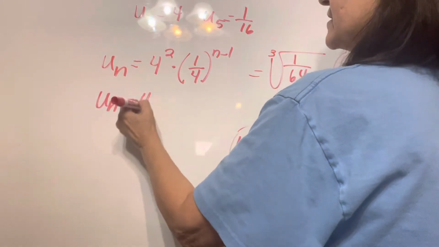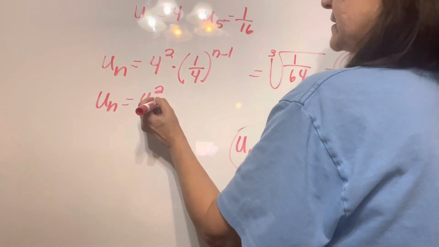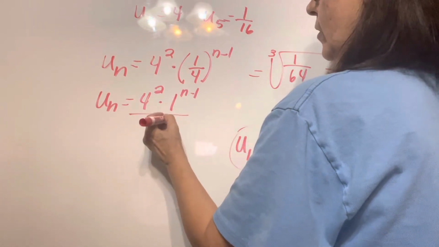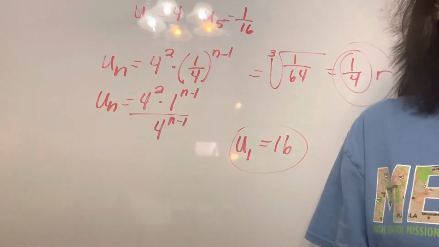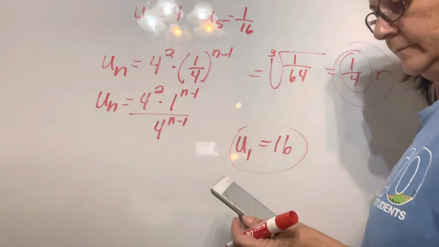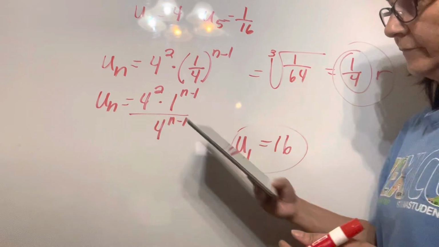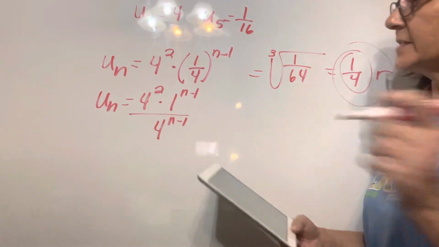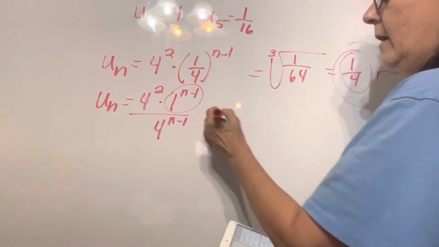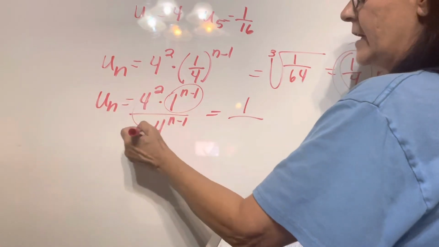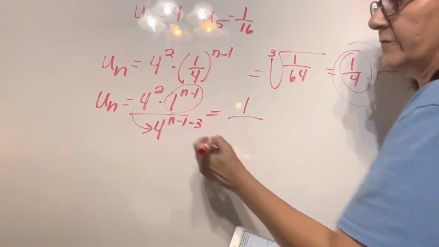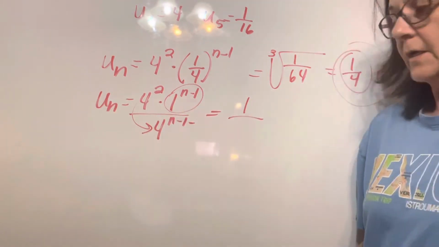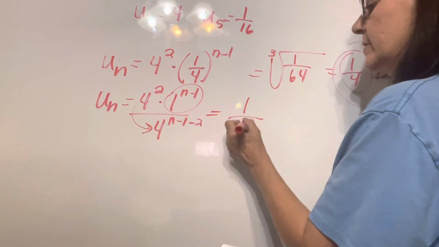That's the same thing as saying 4 squared times 1 raised to the n minus 1 over 4 to the n minus 1. 1 to any value, n minus 1, is just going to be 1. I'm going to leave that in the numerator and move the 4 squared to the denominator, so I subtract 2 because division is subtraction. So it's over 4 to the n minus 3.